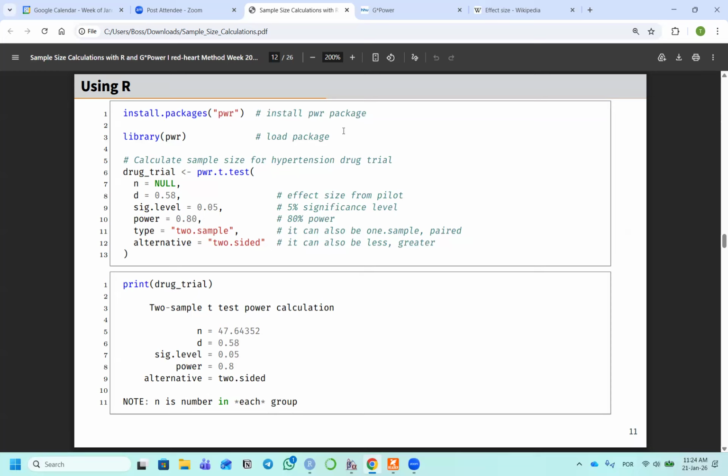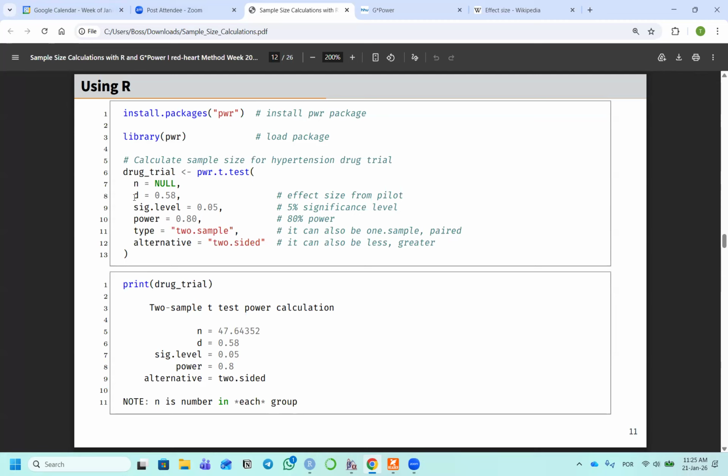And in that package, there is a function called power.t.test, and that specifically deals with the independent t-test. I do have some arguments in this function. The first ones are n, d, significance level, power, the type of test, and again, the nature of your hypothesis, one-sided or maybe two-sided.